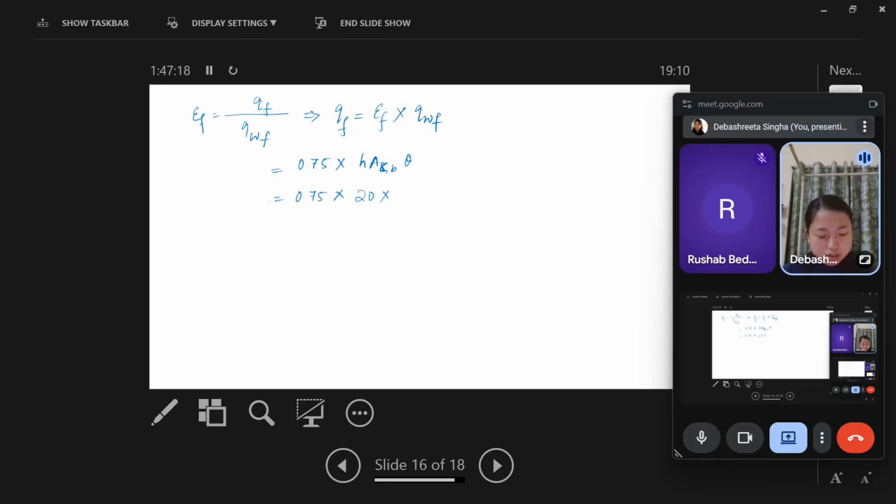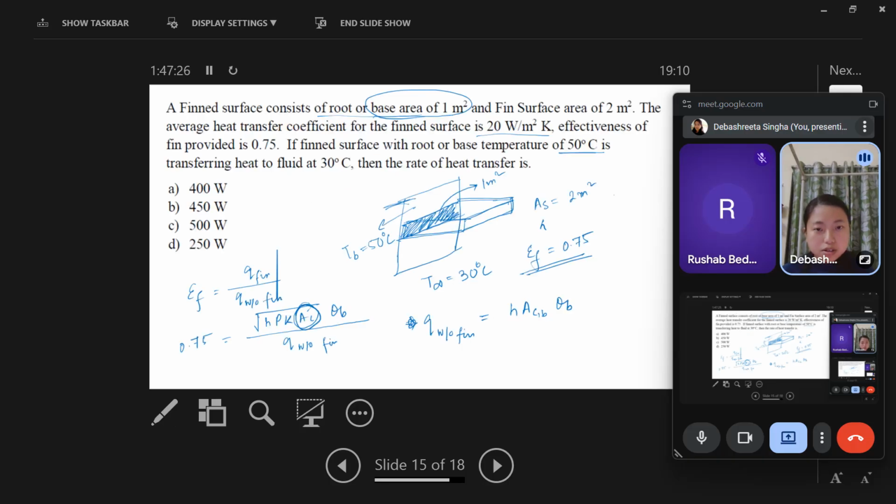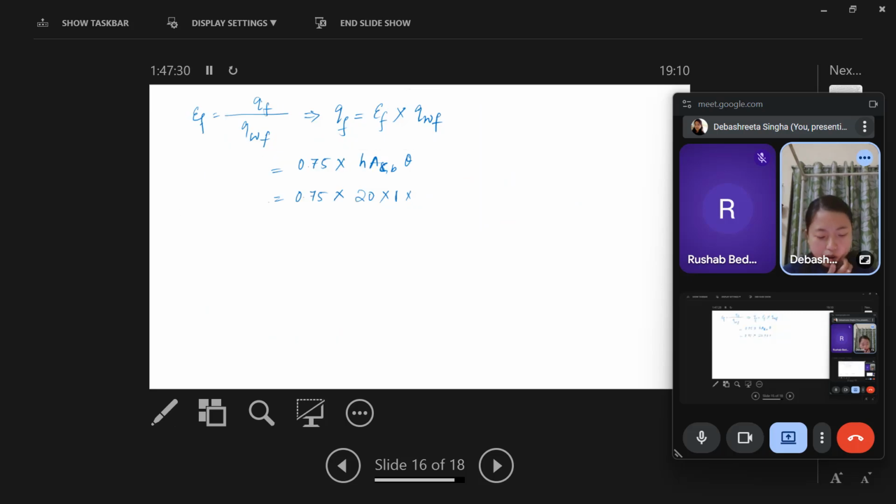And ACB is given as 1 into theta. Theta is TB minus T infinity, that is 20 degrees Celsius. Okay, you'll get some value here. This is Q fin.